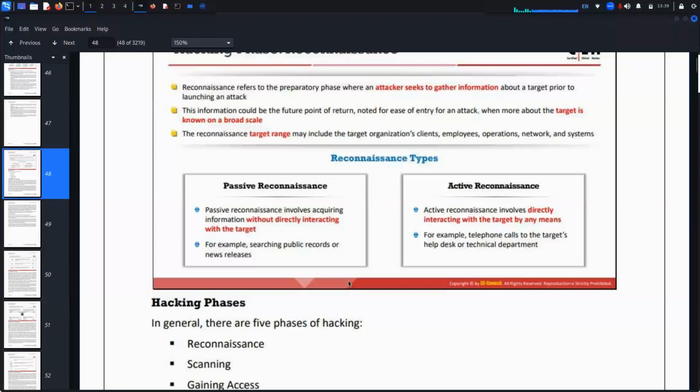These are all passive reconnaissance, that is, gathering data that is already publicly available on the internet, or open source intelligence, as we call it, OSINT.